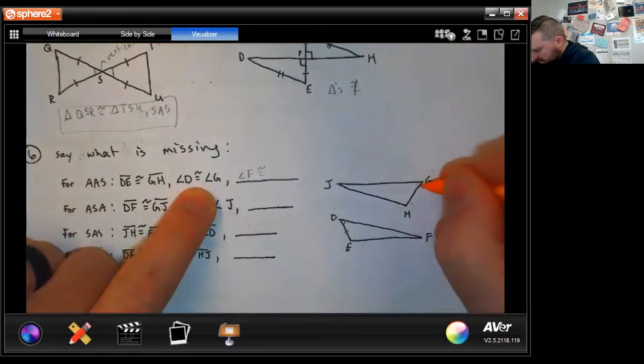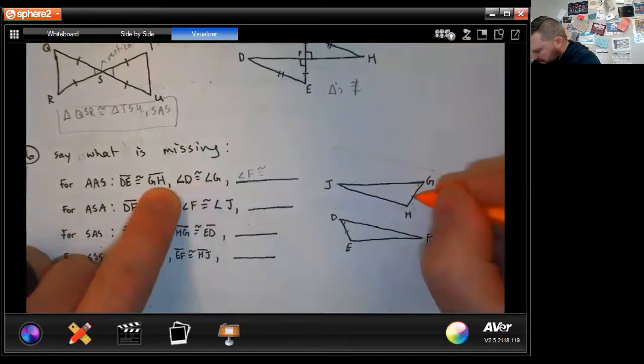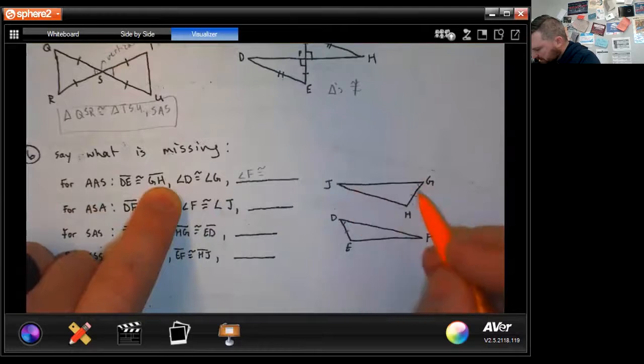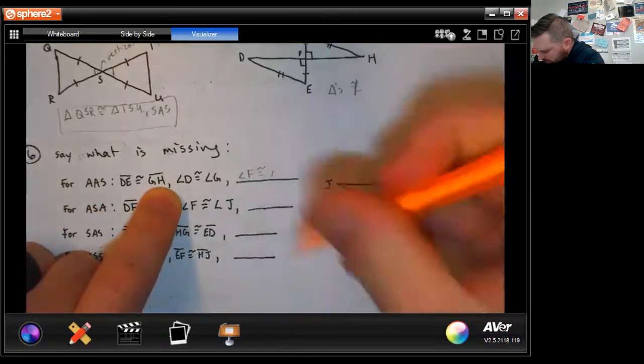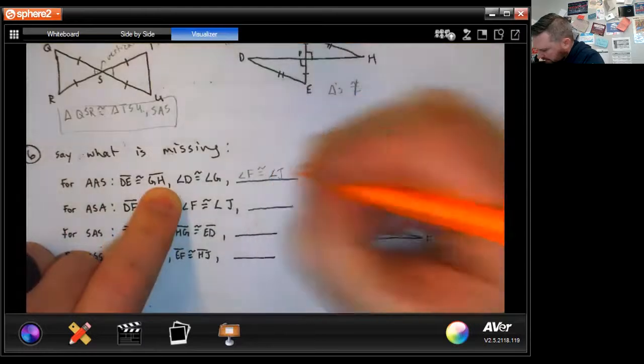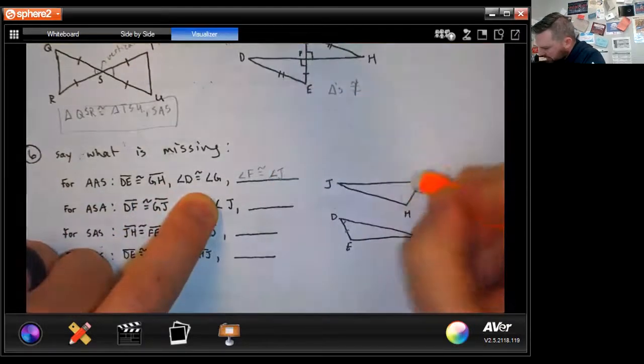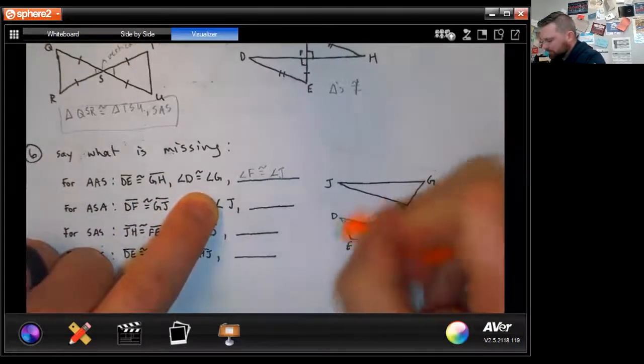Okay, so angle G inside GH. So I need angle-side. So angle J. Then you could erase that so you don't get confused on the next one.